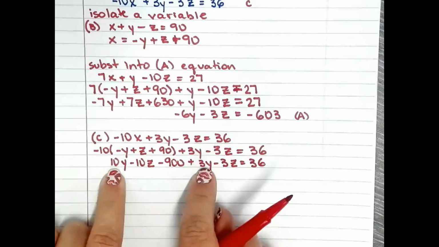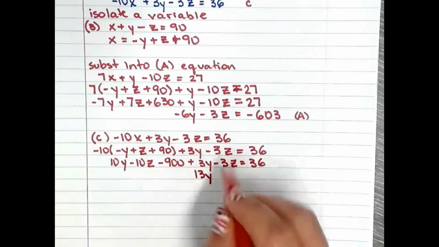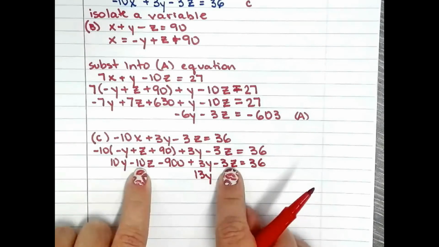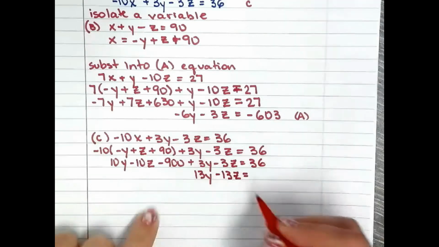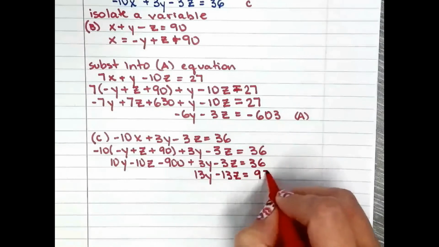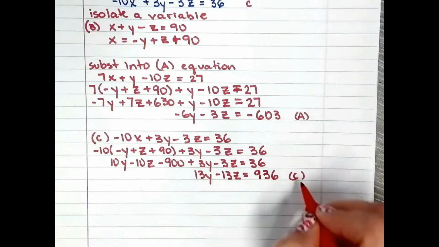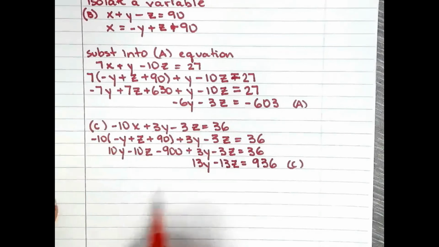I have these guys right here, 10y and 3y. I have z right there. And you will add 900 to both sides. Okay, so now I have a two variable system.